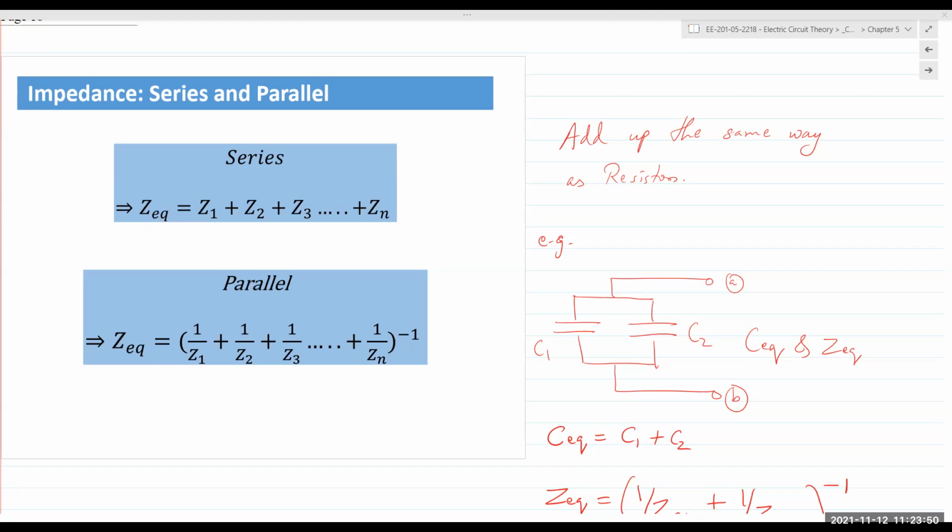So if you have RL, or RC, or RLC, we cannot obviously combine them. They're physically 3 separate components, but we can combine their impedances. So if they're all in series, we can say R plus ZL plus ZC, or if they're in parallel, 1 over R plus 1 over ZL plus 1 over ZC. Make sense? We cannot combine the components, but we can combine their impedances. And that is how we would solve circuits.